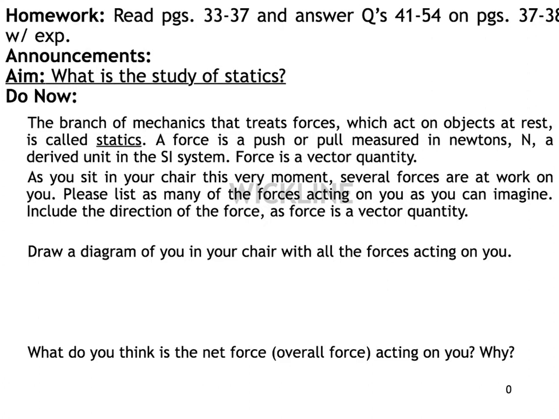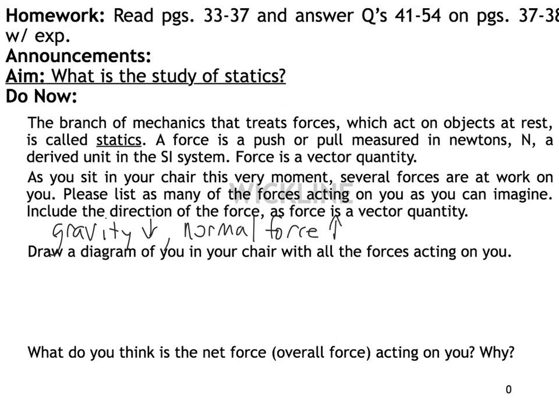So let's say that you're sitting in your chair and you have a bunch of forces acting on you. You have forces including gravity, which is down. You have a normal force. And the normal force is the force that is opposite of gravity.